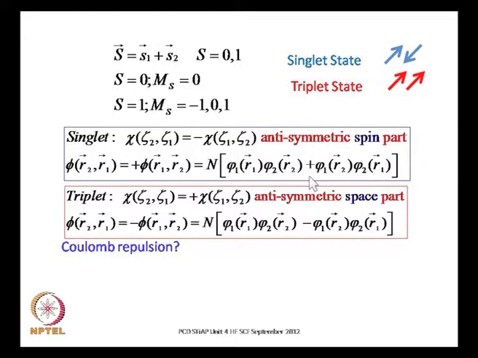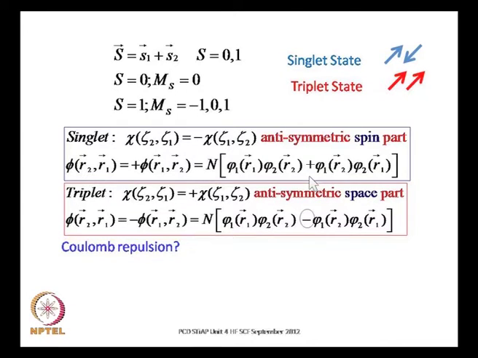Notice that there is a plus sign here, the orbital part, okay, and this has got a minus sign over here. What it means is that in the limit R2 going to R1, what is going to happen when R2 goes to R1? The 2 particles, the 2 electrons get closer and closer, right. So, as R2 goes to R1, what happens to the triplet state?